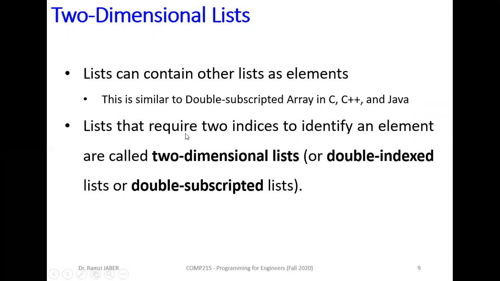Lists that require two indices to identify an element are called two-dimensional lists, or double indexed, or double subscripted.